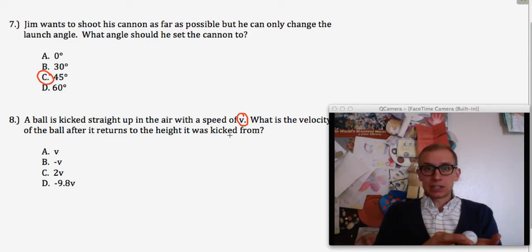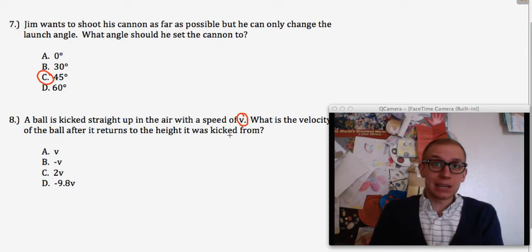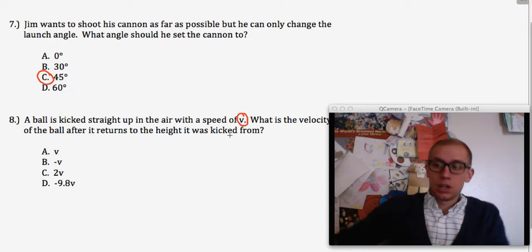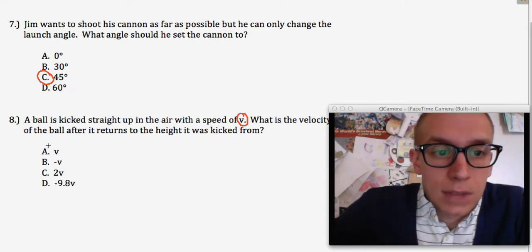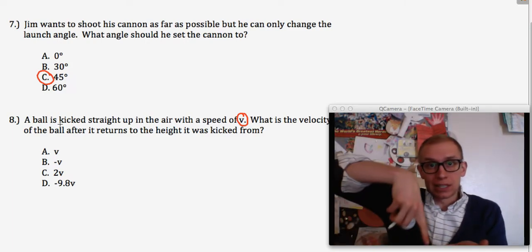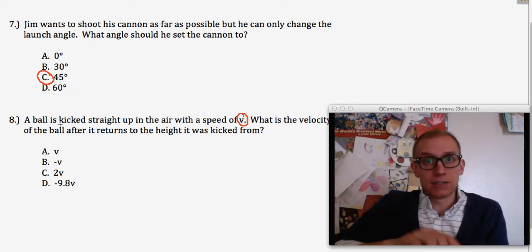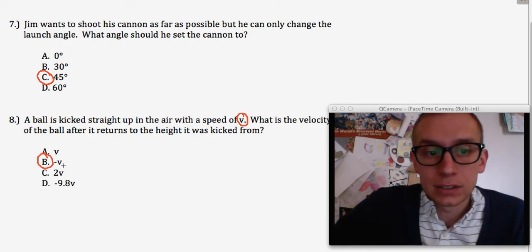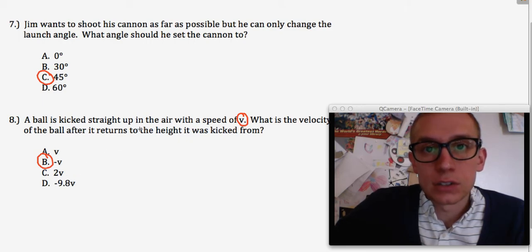By the time it gets to where it started, it should have that same speed that it was launched with, but in the opposite direction. So if we look at our options, A would be the exact same velocity. When it gets back down, it's going in the negative direction, not the positive. So it should have a negative velocity. B looks like it's going to be our answer. Negative of what it had. So a negative v. 2v and negative 9.8v are just out there. Okay? So negative v should have been your answer for number 8.